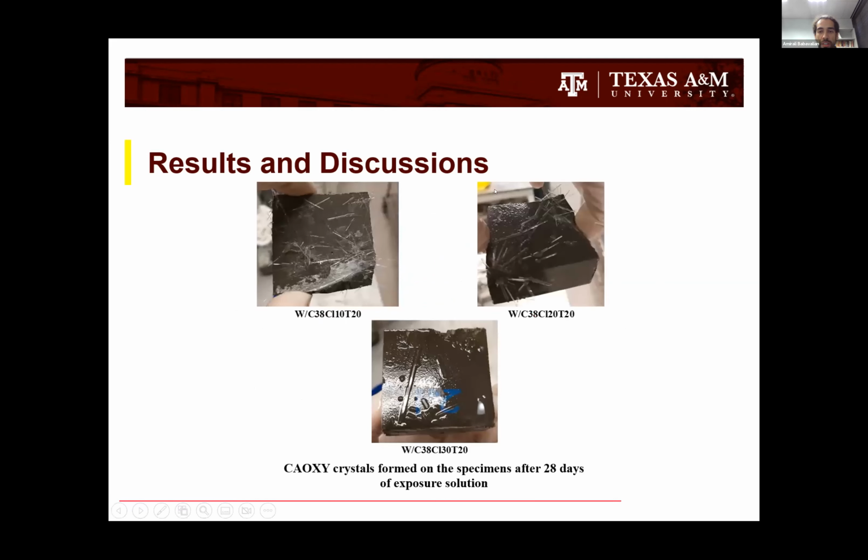In this picture, you can see the samples exposed to 10%, 20%, and 30% salt solutions with a water to cement ratio of 0.38 and a temperature of 20 degrees. As you can see, these two samples for 10% and 20% have approximately the same crystals of calcium oxychloride.